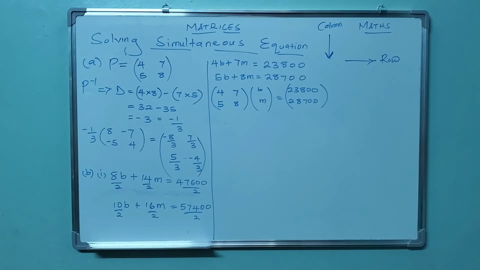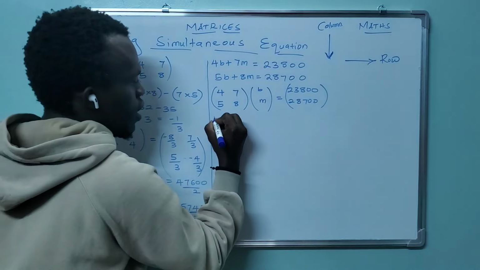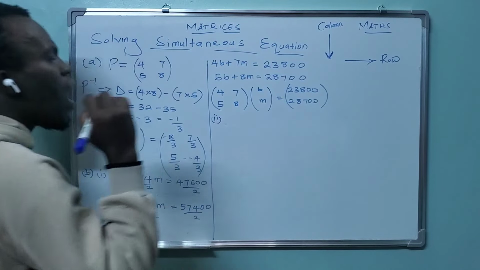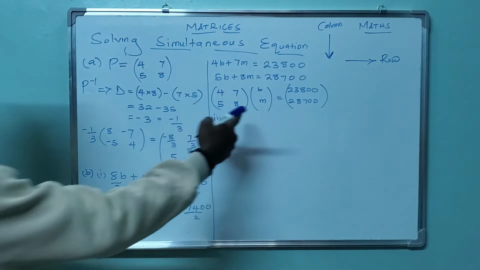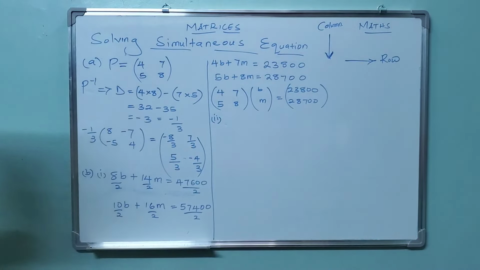Roman 3, you're being told use the inverse of the matrix to find the prices of one bag of each item. So we want to find the price of one bag of each of the item. What are we going to do? Number 1, remember I said, so for the Roman 2 here, you are going to multiply each of the side with the inverse.